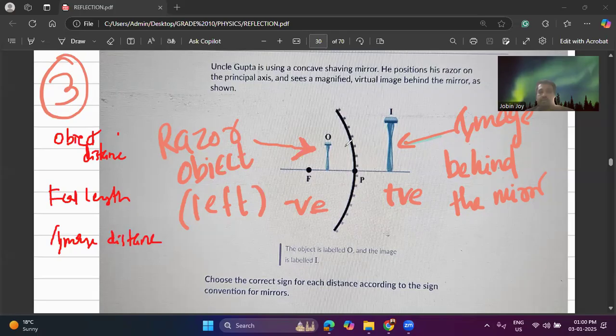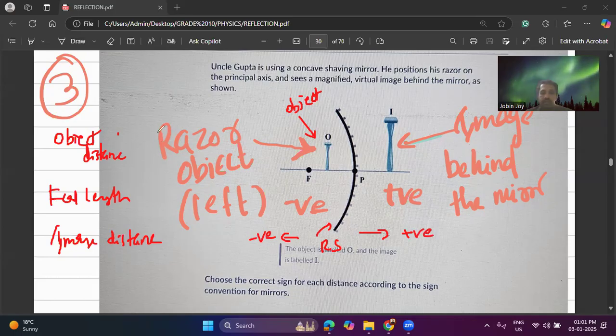Here, this is a concave mirror and this is the object. Concave mirror means this is the reflecting surface, so this side is negative and this is positive.